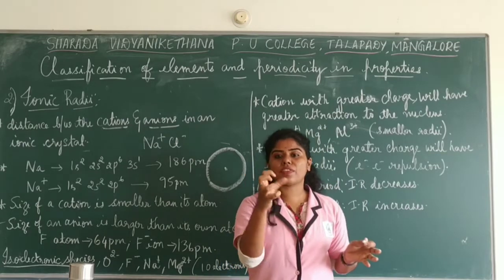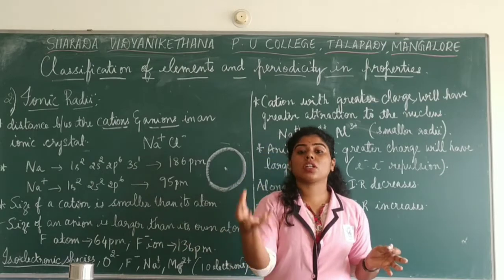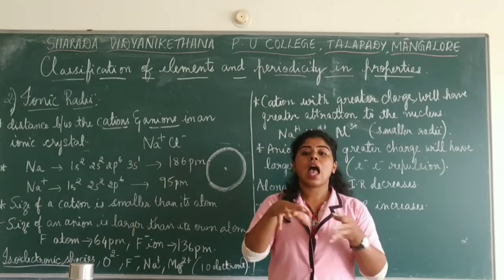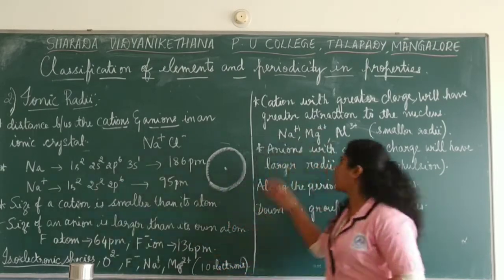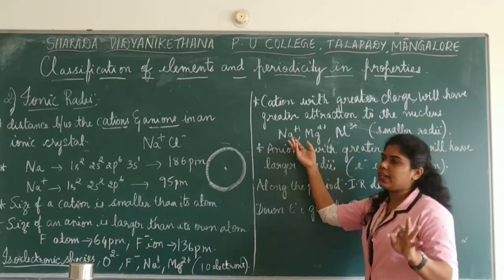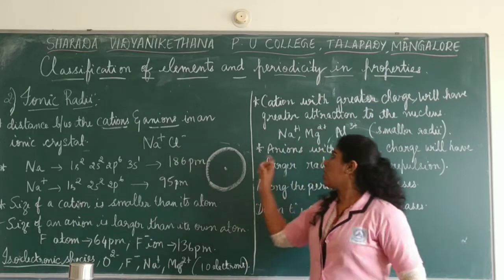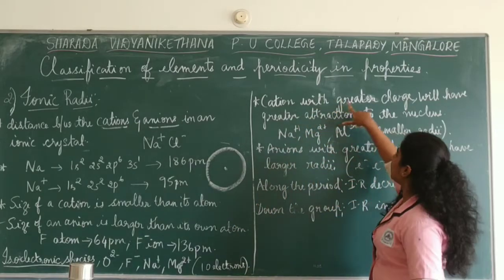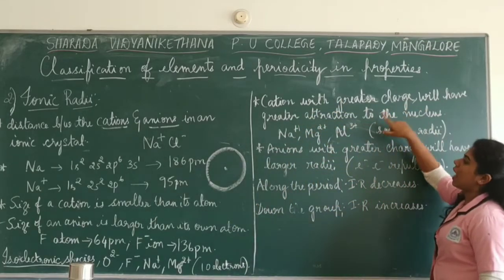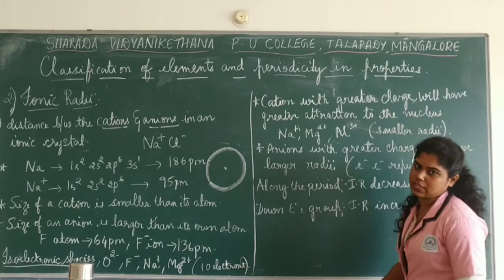Because the pull from the nucleus is greater with 3 electrons lost, when compared to magnesium, which has lost 2 electrons, and sodium, which has lost 1 electron. So always remember, the cation with the greater charge will have greater attraction to the nucleus.